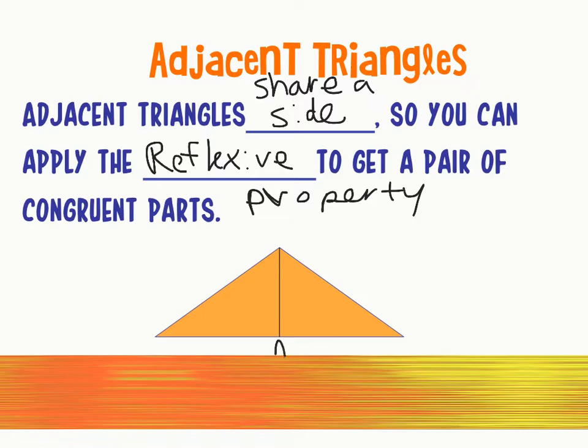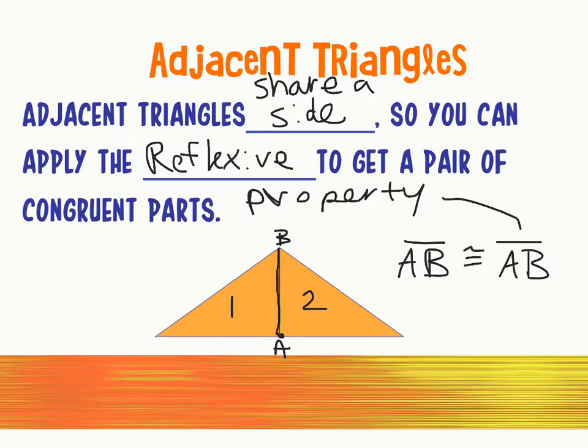If we call this point A and this point B, and we're talking about this segment AB, AB is part of the triangle to the left, our first triangle. It's also part of the triangle to the right, the second triangle. It's the same side, so we know that this side AB is going to be congruent to the same side AB because of the reflexive property.